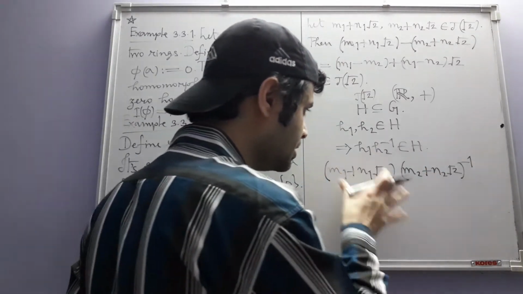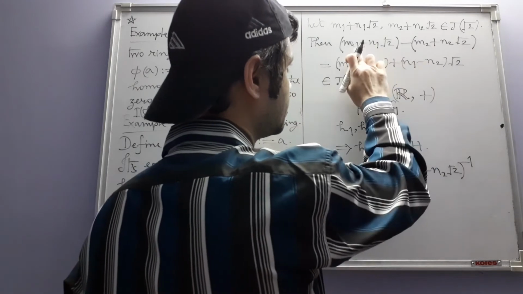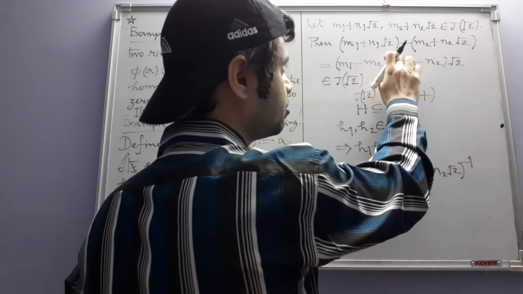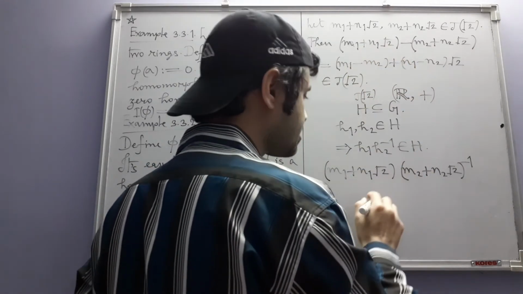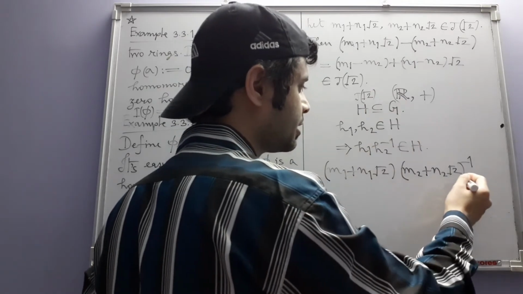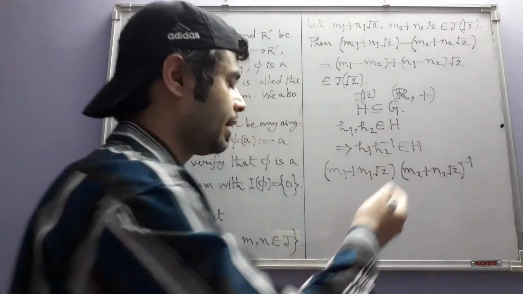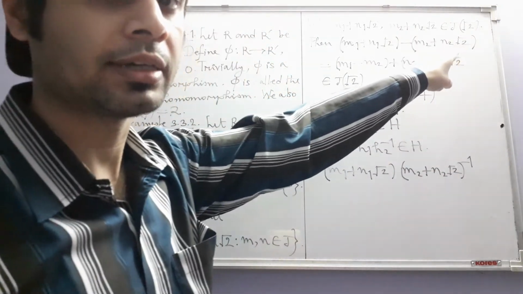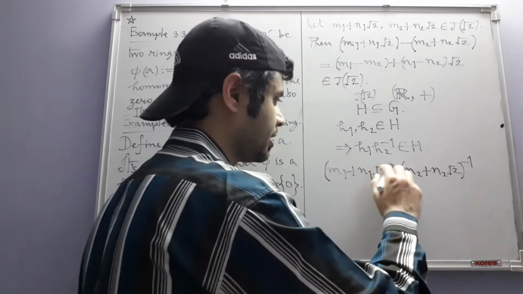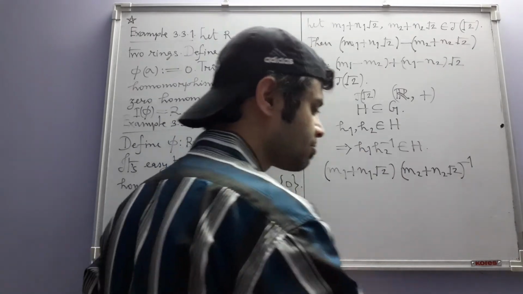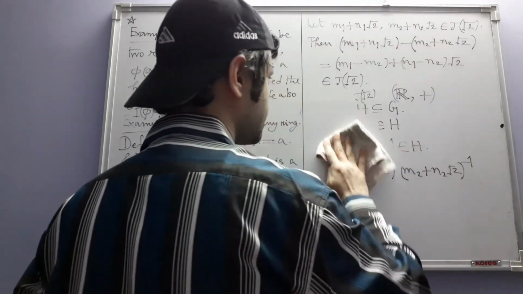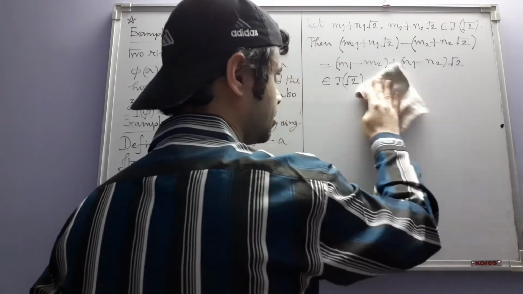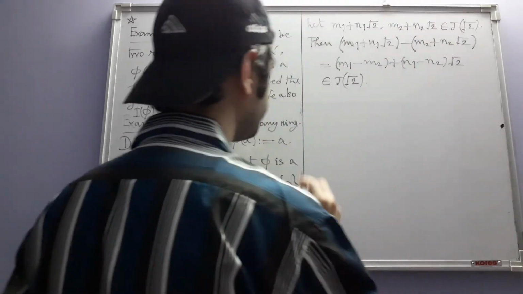In additive group, this same thing looks like this: m1 plus n1 root 2 plus minus of m2 plus n2 root 2, because in the additive group, the inverse of m2 plus n2 root 2 is minus of that, and the binary operation is addition. So that's what we have done here, and as such, J root 2 has now become a subgroup.